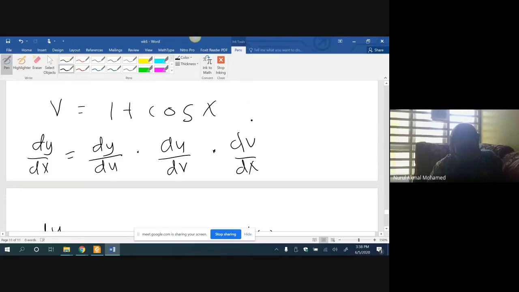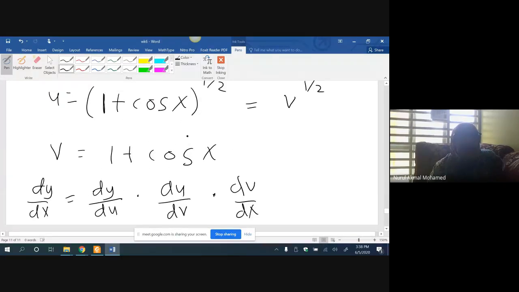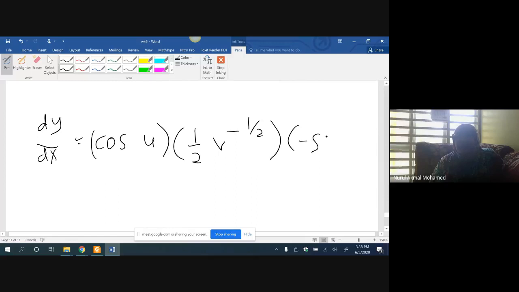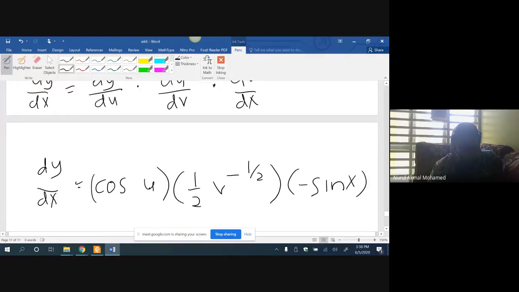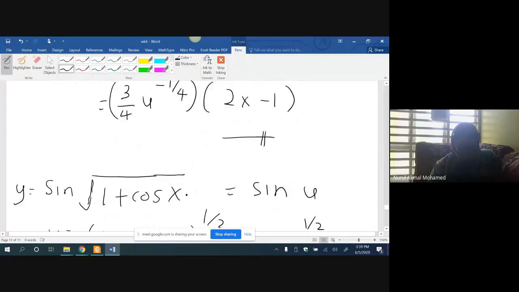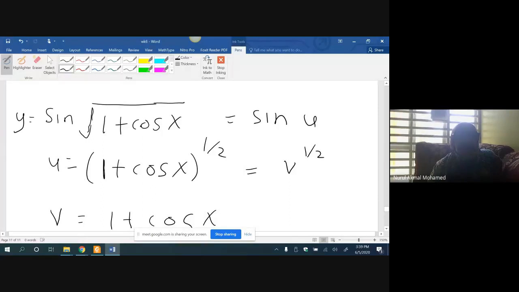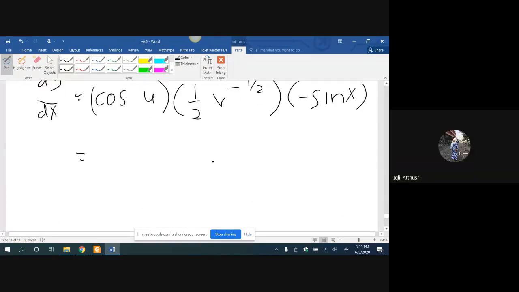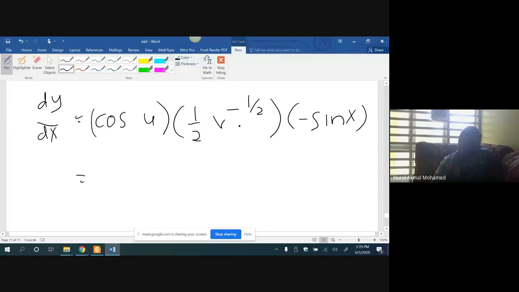For dv dx, it will give you negative sine x, because if you differentiate a constant, it gives 0. Everything should be written in terms of x, so you have to substitute u and v in terms of x.